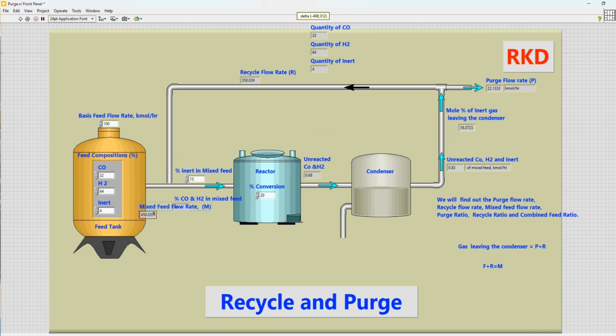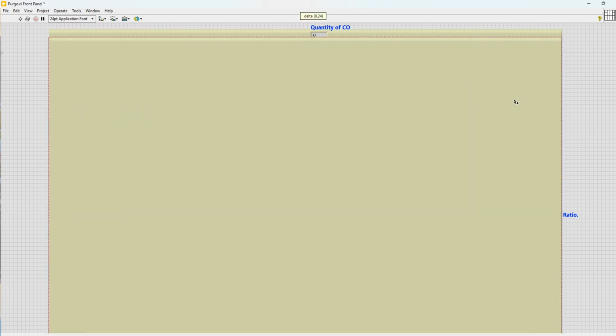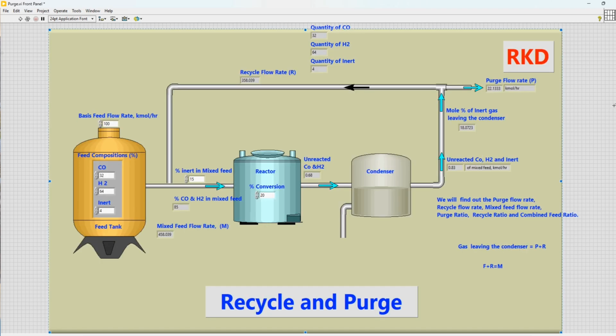Okay, so now we'll put this value. It is coming here, and we are putting this one here.